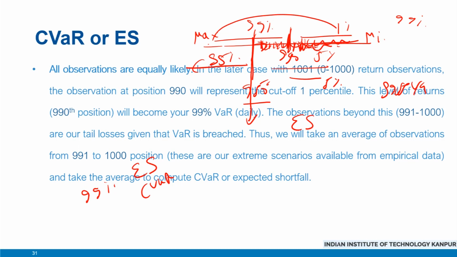And therefore, once you put this cutoff of the 950th observation as the VaR value, as a minimum cutoff, you take all the values that are a higher loss in terms of magnitude, indicating loss on this side. You take the average of all those, x1 plus x2 plus and so on, and take their average. This will be your expected shortfall, or average loss given that the extreme scenario of 5% or 1% were to materialize.